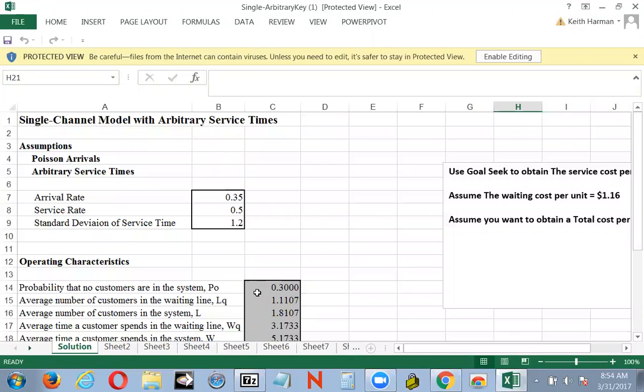They give you an example with Heartland Seafood Supply, which again shows you constant service time. If you look in the Excel file, we'll open this up for just a minute.